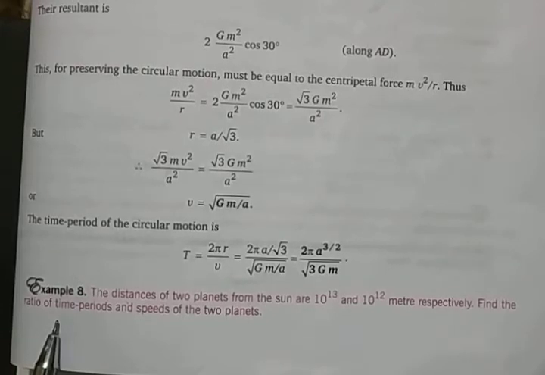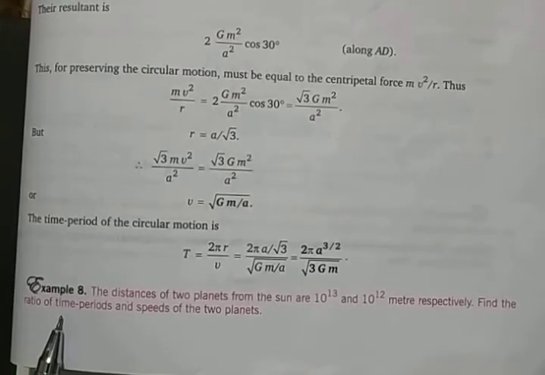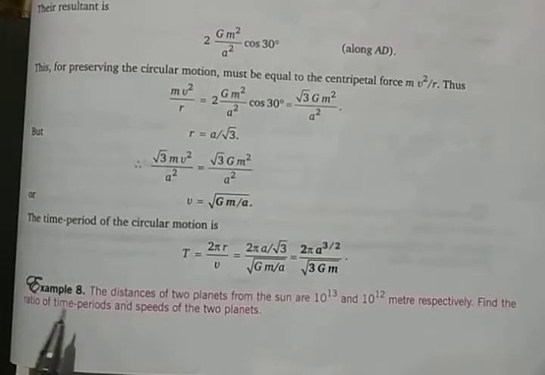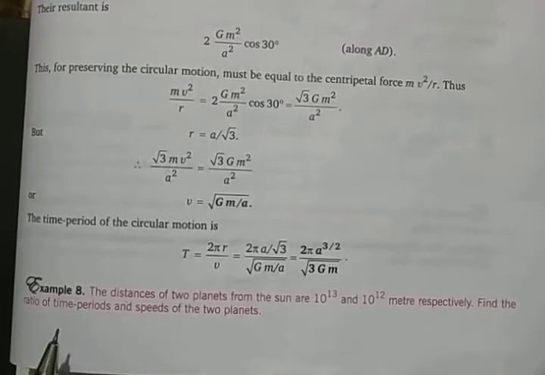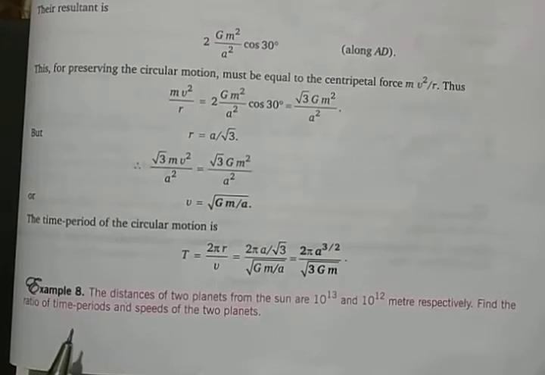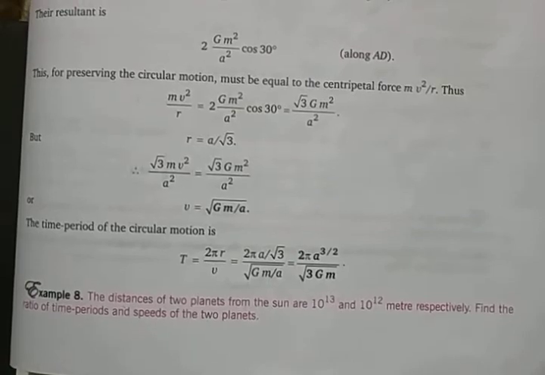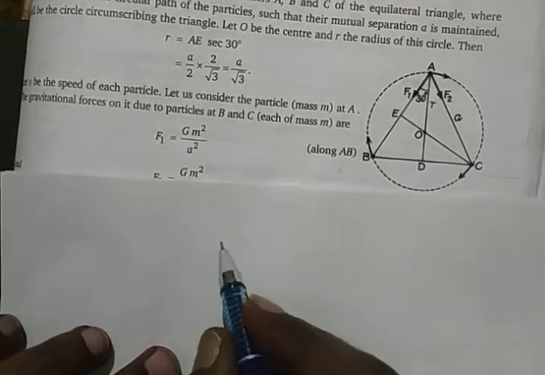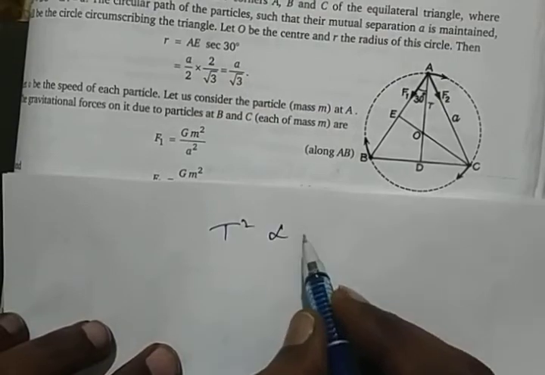So already we know T square is proportional to R cube: the square of the time period is proportional to the cube of the distance. Please write down now. According to Kepler's law, the square of the time period, T square, is proportional to R cube.